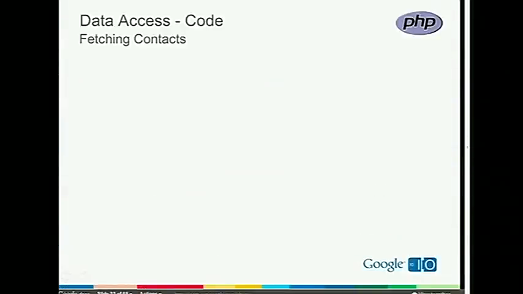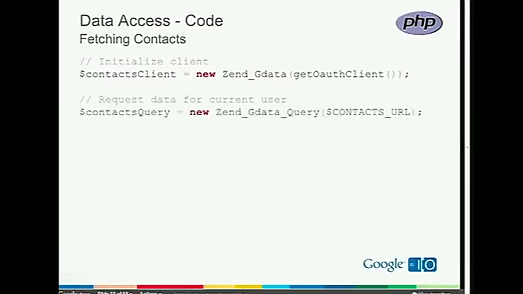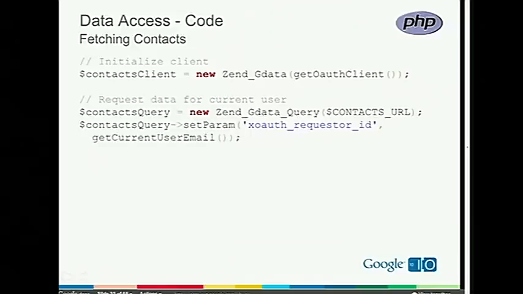So let's just see how we did these last two integrations. These are actually very similar to what we did with the provisioning API. On the contacts, very similar again. We create our client. We request information about the contacts for that user. And here's one difference between what you saw with the provisioning API.